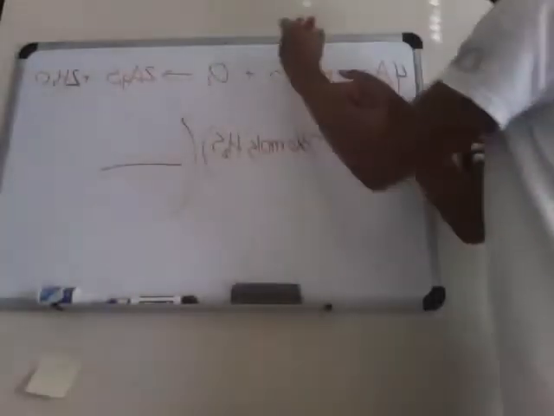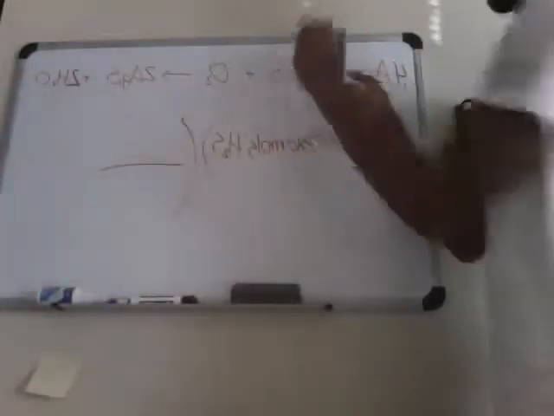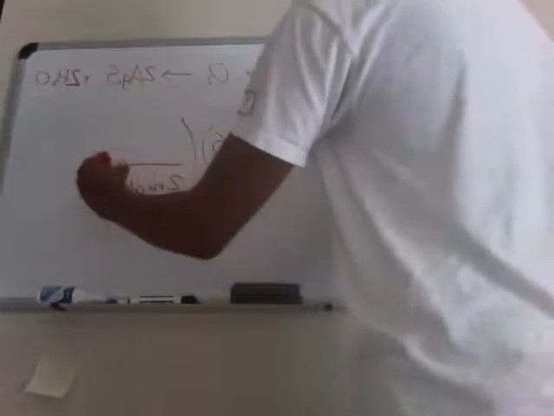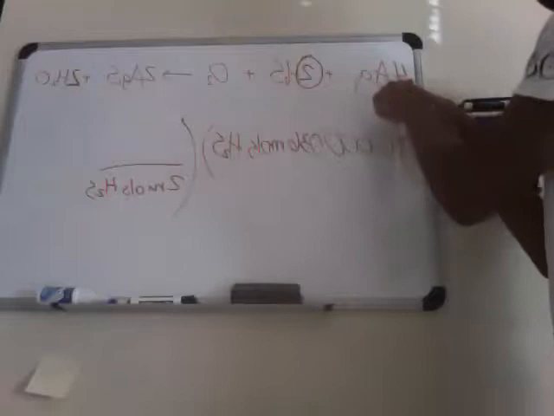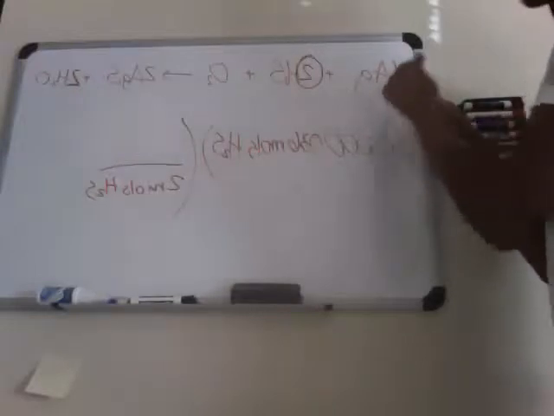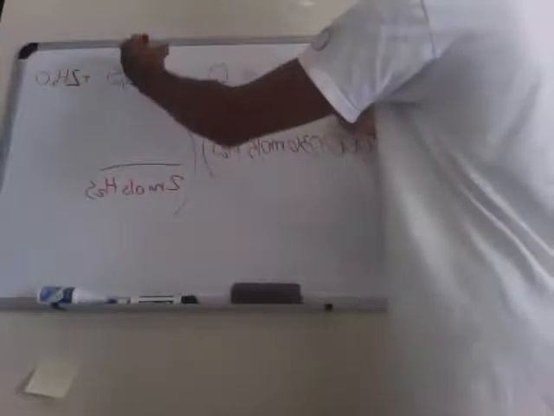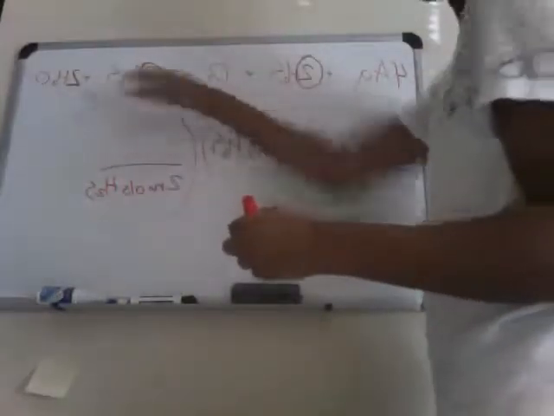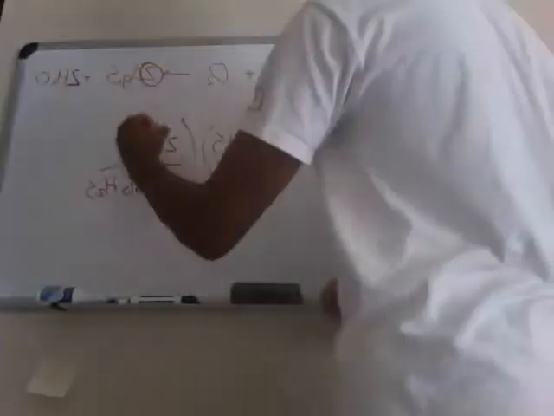So you have 2 moles from this 2 over here. Remember we balanced our equation? You have 2 moles of hydrogen sulfide for every 2 moles of your product, silver sulfide, right?